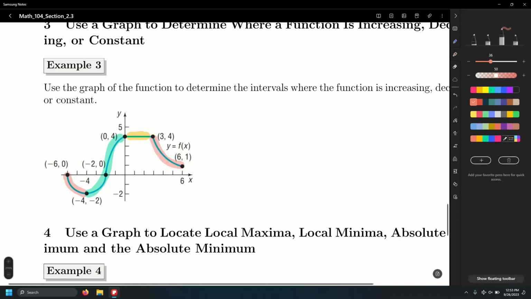Another way to describe this, you can use signs if you want. Let me use red to denote a decrease. It's going down. And then let me use green with the plus symbol to denote that the graph is going up, is increasing. For the part that remains flat, I'm just going to use a zero.